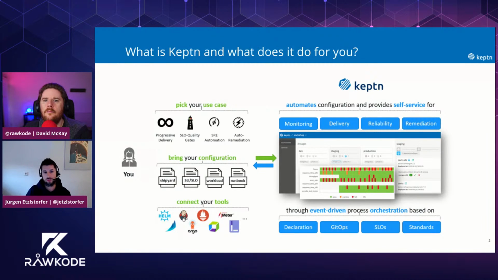This spans our use cases, and everything is built on a GitOps approach, where you just bring your configuration files, and Keptn will manage these configuration files and will also connect to your tools.